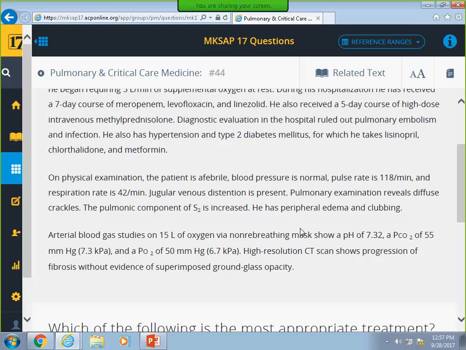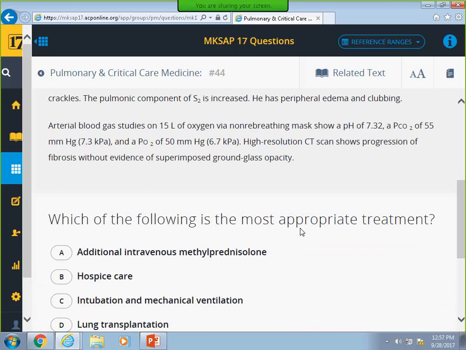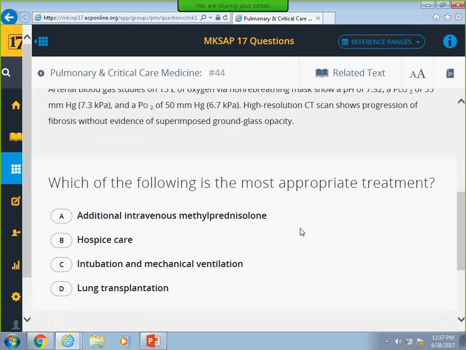So he's old, and he has a high CO2 now, like at baseline, and he's hypoxic. And the CAT scan showed fibrosis and no ground glass, or minimal ground glass, like end stage. So more steroids, hospice care. Would you intubate? Does he have any contraindication for lung transplantation?